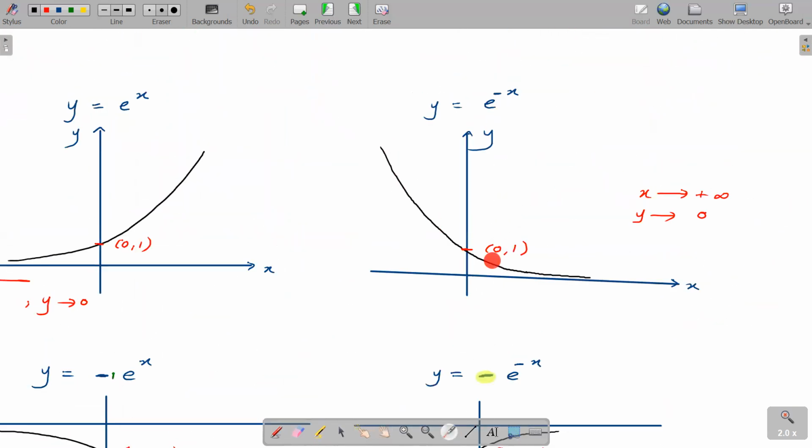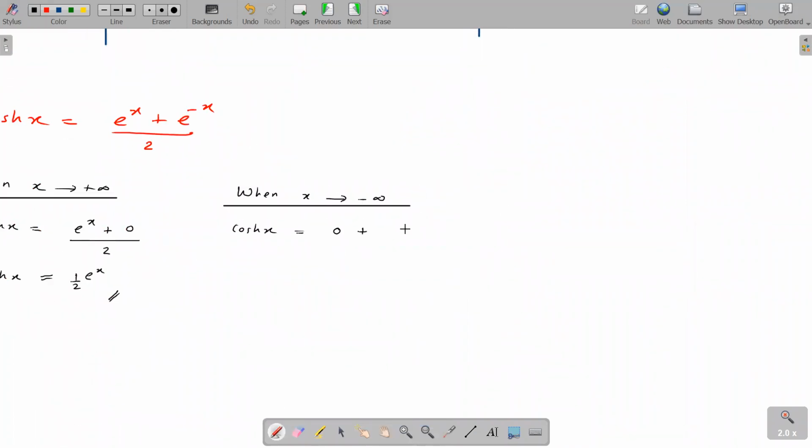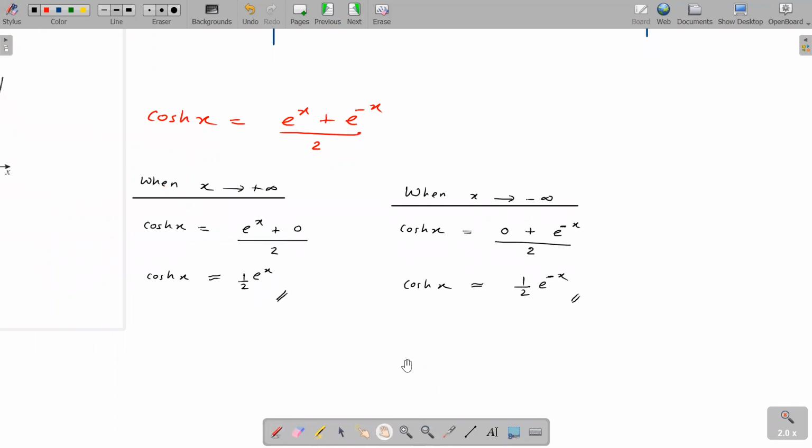When x goes to negative infinity, the x values go to the negative side, and you can see the y values get larger and larger, a significantly large y value. So that is directly the e to the power negative x value. When x is large and negative, you divide by 2. So cosh x is approximately equal to half of e to the power minus x. All right, guys, this is basically the idea here.